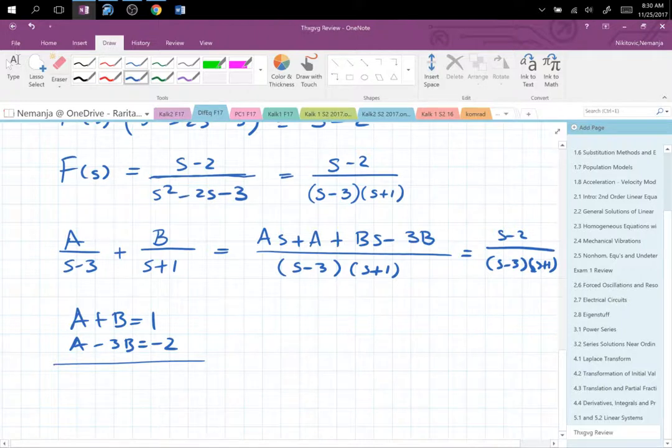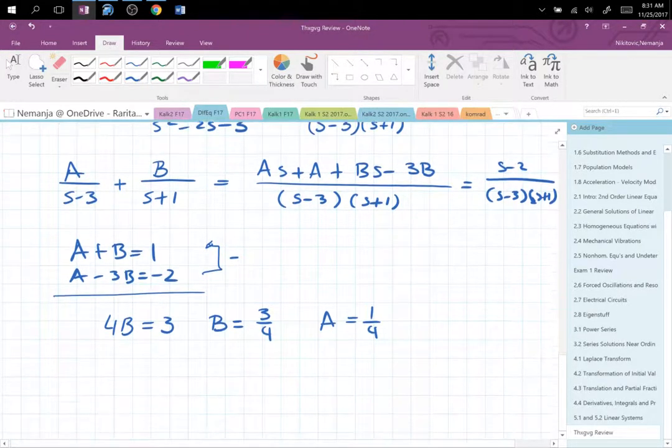If we subtract the equations, A minus A is 0, B plus 3B is 4B is equal to 3, we find that B is equal to 3/4. And A better be 1/4 because they need to add to 1.